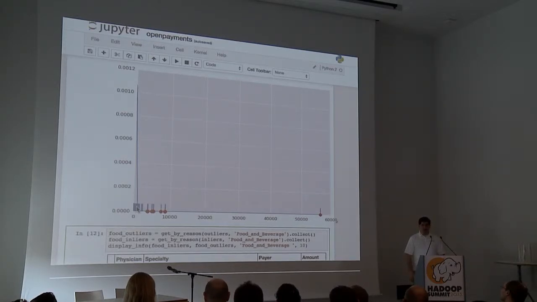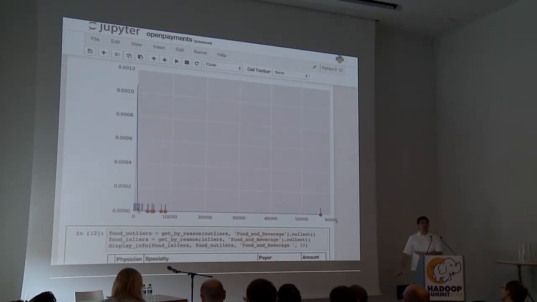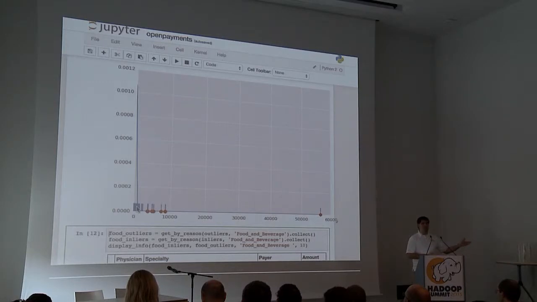I pointed out the part about Spark SQL. As stuff gets more mature, it will be more and more possible to do more and more processing inside of Spark SQL.